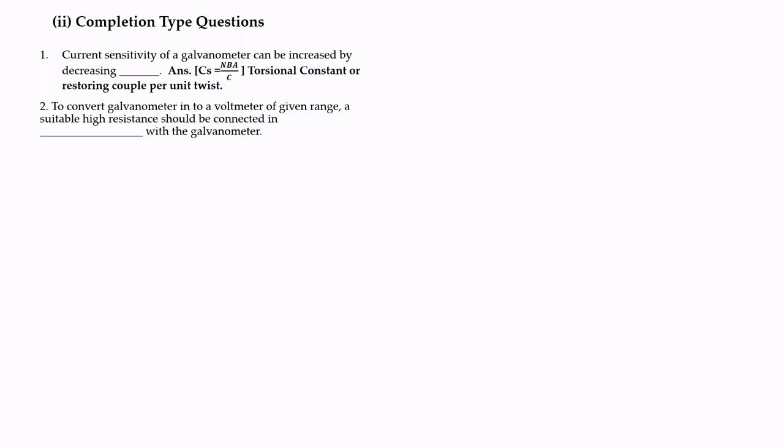Question number 2. To convert a galvanometer into a voltmeter of given range, the suitable high resistance should be connected in series. That is, R is equal to V divided by Ig minus G. Question number 3.